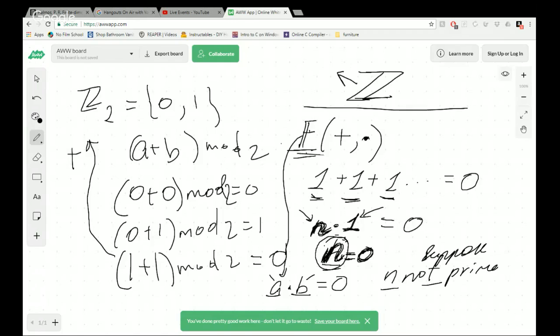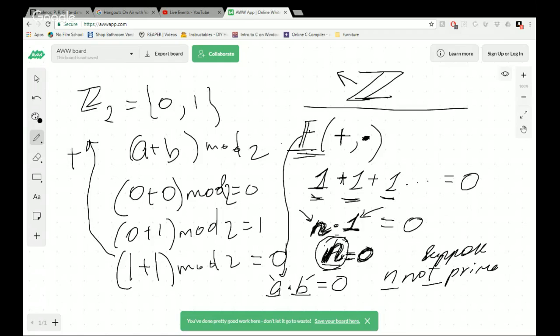We have a field F with regular addition and multiplication. What we were asked to prove is that if I'm adding ones to each other some number of times, then the result either will never be 0, the additive identity in that field, or the number of ones I have to add to each other to reach 0 is prime.